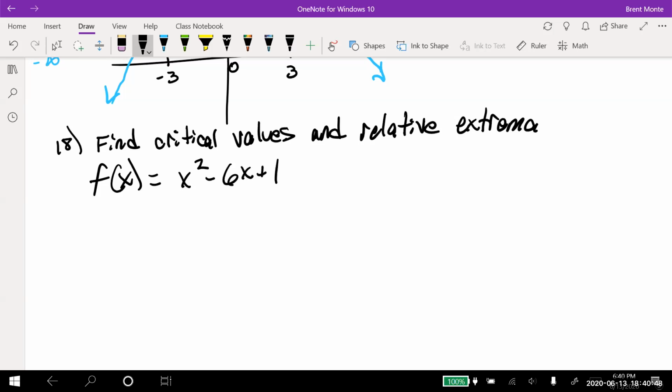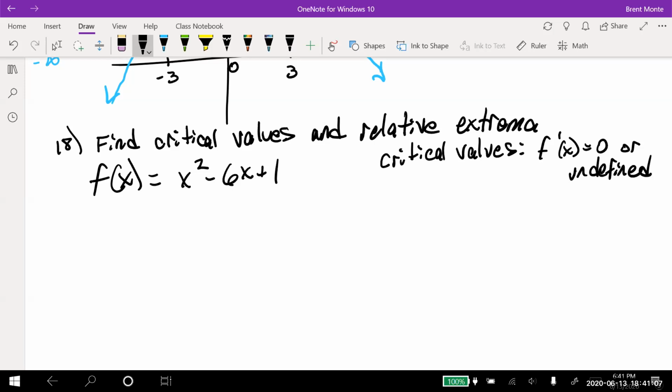Okay, so remember critical values. How do we find critical values? Well, that was when the derivative equals 0 or is undefined. All right, so let's do it. We take the derivative, f prime of x, and I get 2x minus 6.